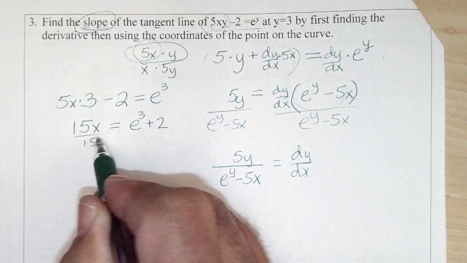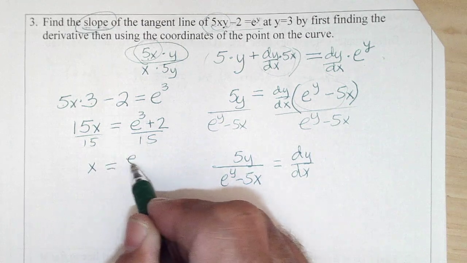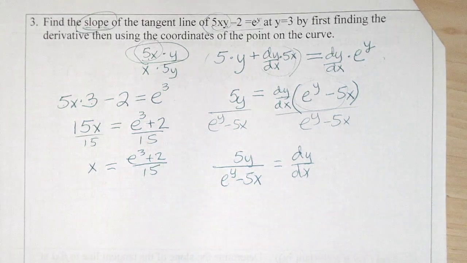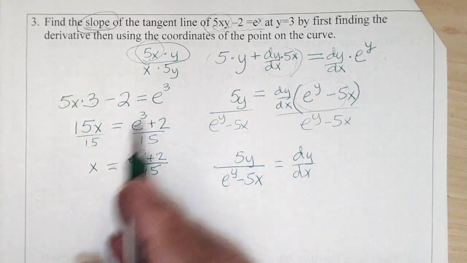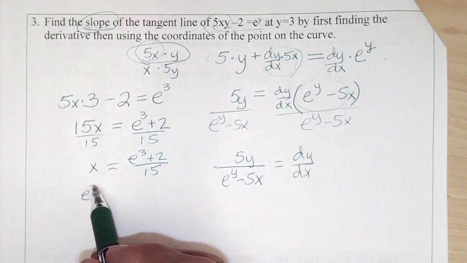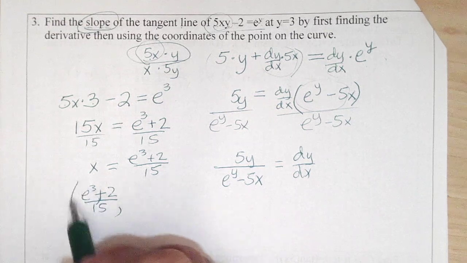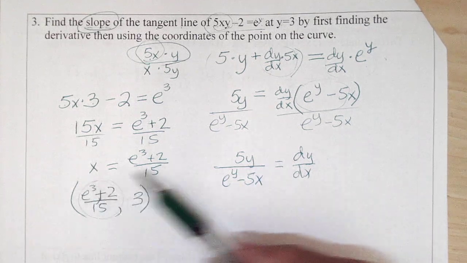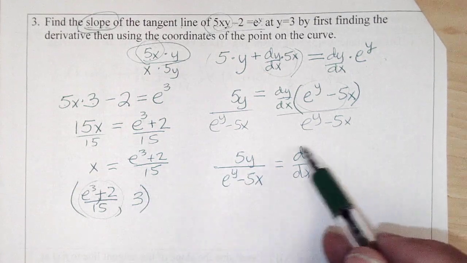And then divide by 15. And I get x equals e to the third plus 2 over 15. So the point that we're finding the tangent line at is e to the third plus 2 over 15, comma, 3.